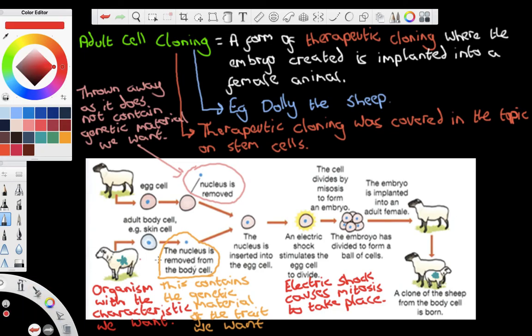So I'm just going to put over here that the clone produced has none of the DNA or the genetic material of the surrogate mother.